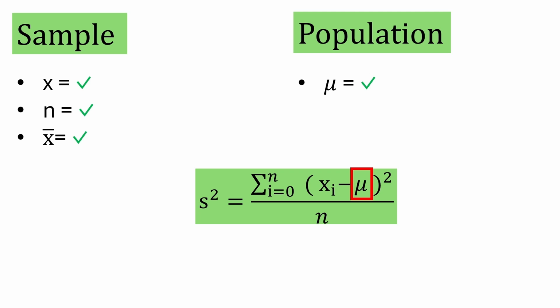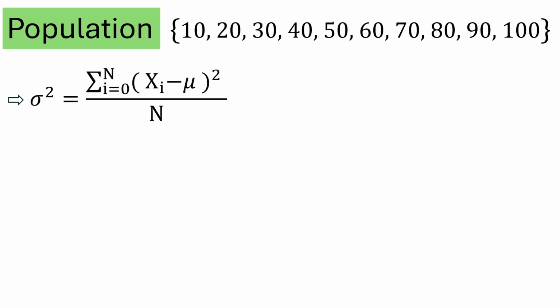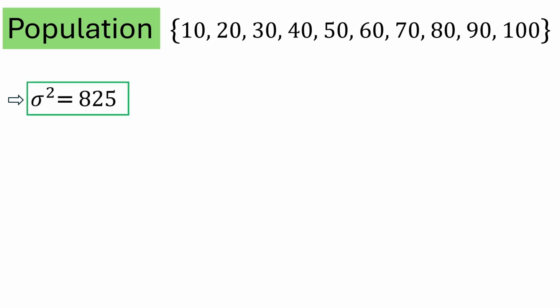Cool. So for more clarity, let's take an example of this numerical data set. Let's say this is our population. Now let's calculate the population variance using the original formula, the real population variance, and it comes out to be 825. Okay, and the population mean is 55.